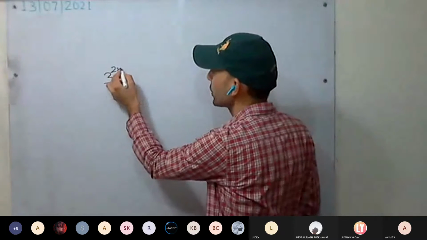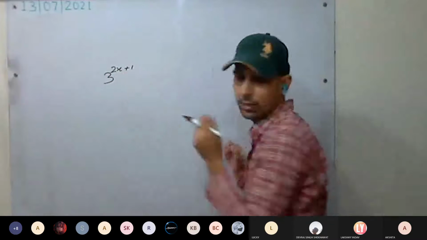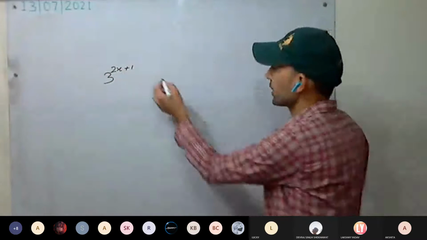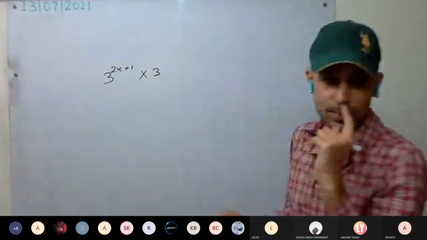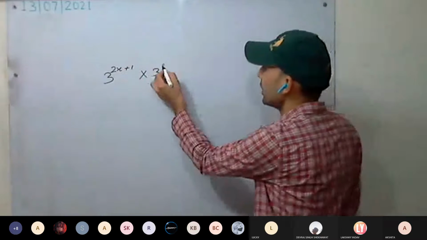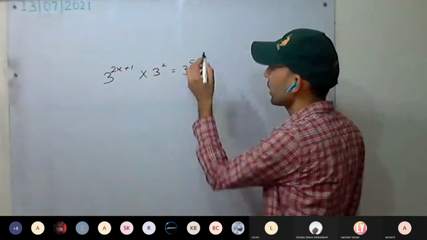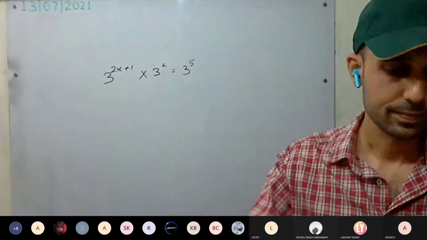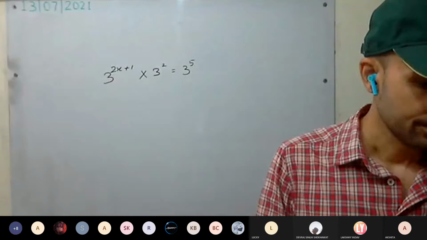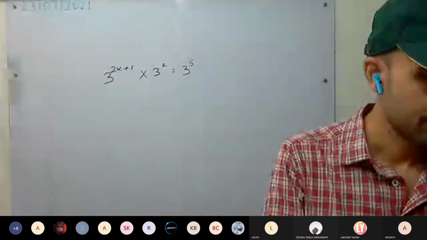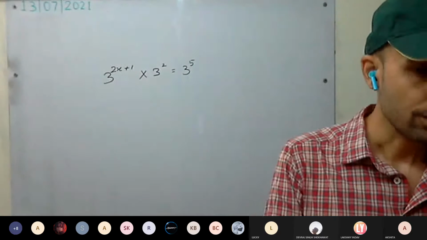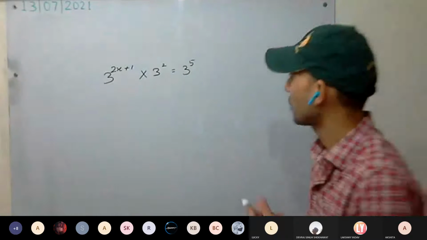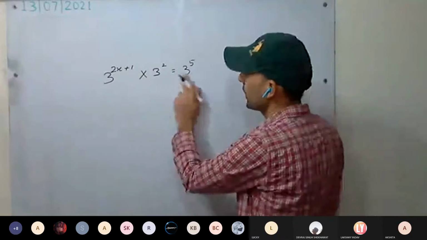3 raised to power 2x plus 1 into 3 square equal to 3 raised to power 5. Solve this one. How are we going to solve?